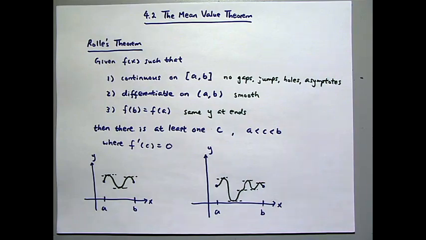This seems like a very obvious result, right? If you know something is continuous, differentiable, and has the same y values, then somewhere along the interval, you can find horizontal tangent line locations. It seemed obvious, but back when people were starting to develop calculus, actually being able to state it clearly and concisely and without any kind of error was a challenge for the mathematicians back then.